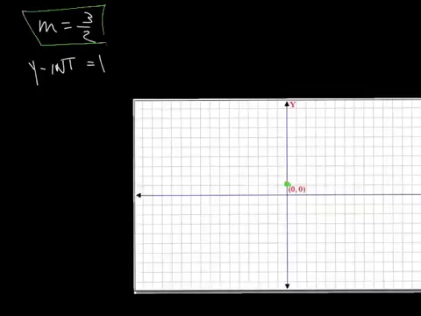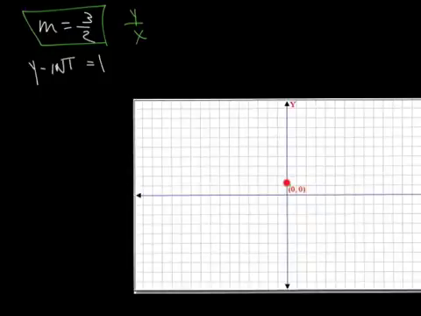It also says that my slope is 3/2, and remember my slope is y over x. So starting from that point, the first number, 3, is the y. So we're going to go up 1, 2, 3, and then we're going to go over 2. And we end up with a point there. Then if we want, we can go up 3 and over 2 again to get another point. You can do that as long as you want.